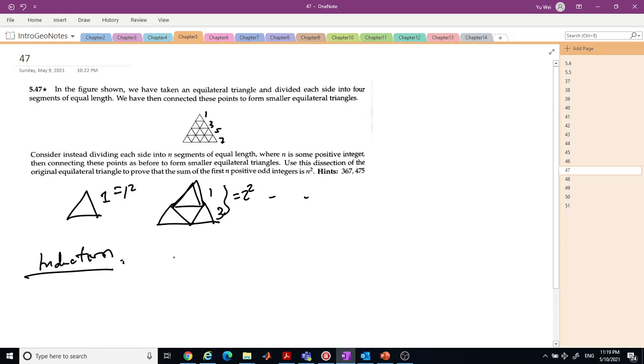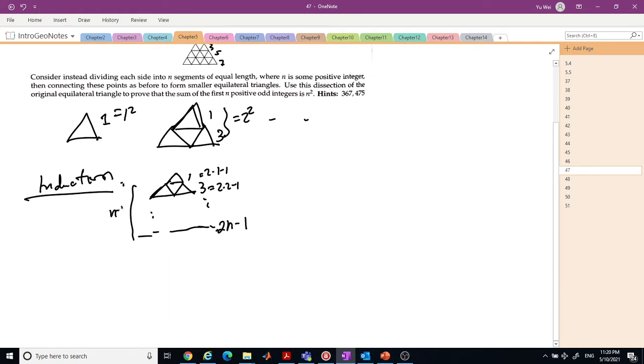Let's see 1, 3, up to, this is 2 times 1 minus 1, 2 times 2 minus 1, up to 2 times n minus 1. Let's say we have n minus 1 layers first.